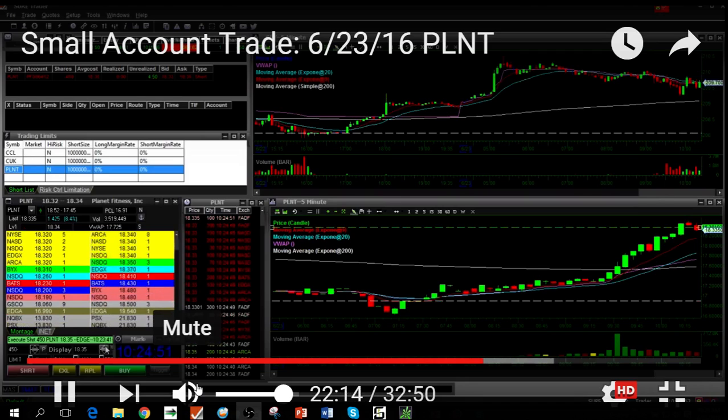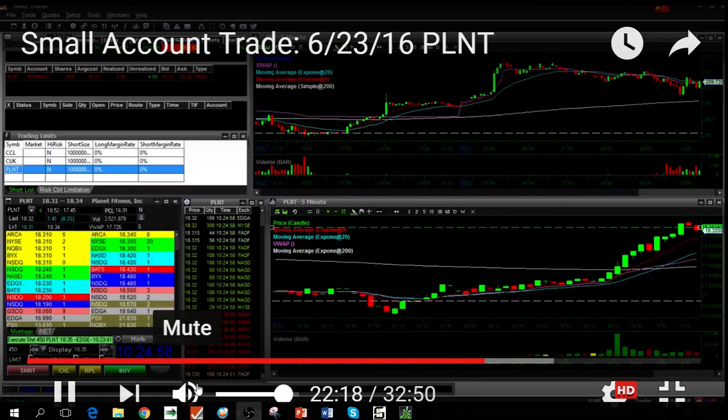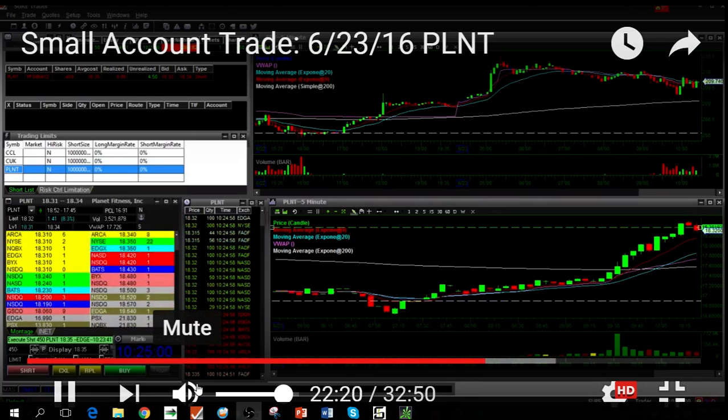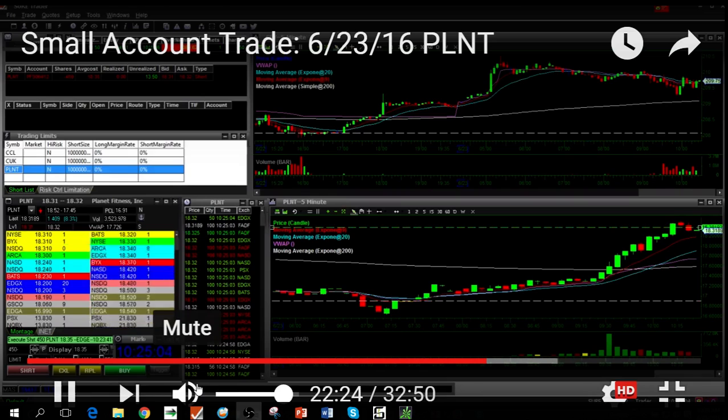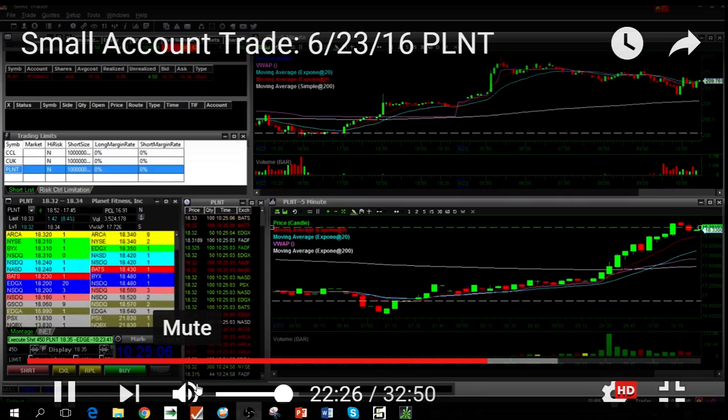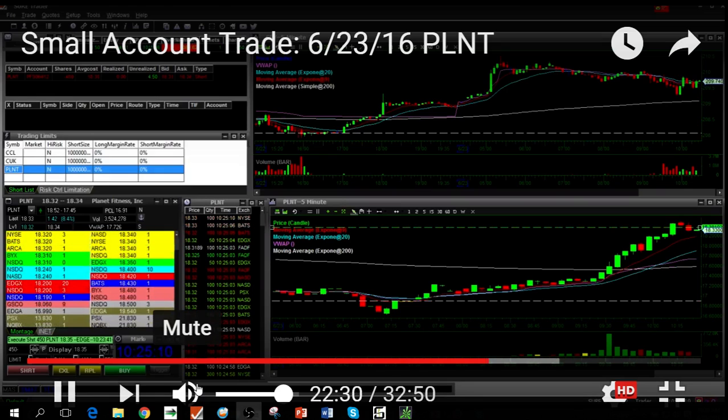But if you're in the trade and then you realize that your profit potential has been narrowed, then you're going to have to switch into another mode and try to maximize that profit. Your trade plan still should be the same, using the 9 moving average as your target, but you're not going to make as much money. And you're not going to get what you wanted out of it.